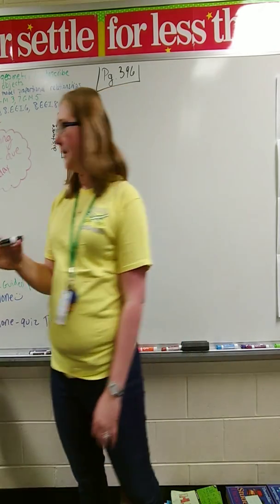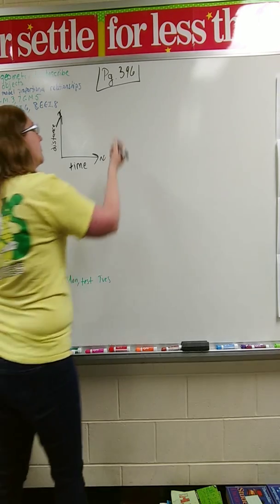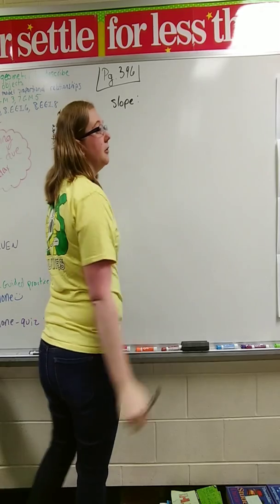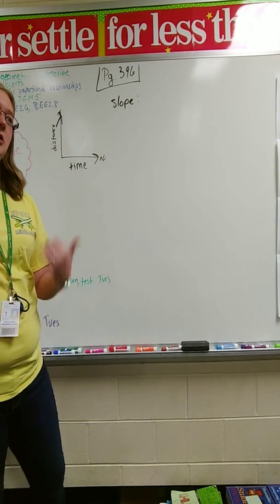When we look at our data, when we find the slope of a line, which is that constant rate of change, we are looking for the change in our y value divided by the change in our x value.